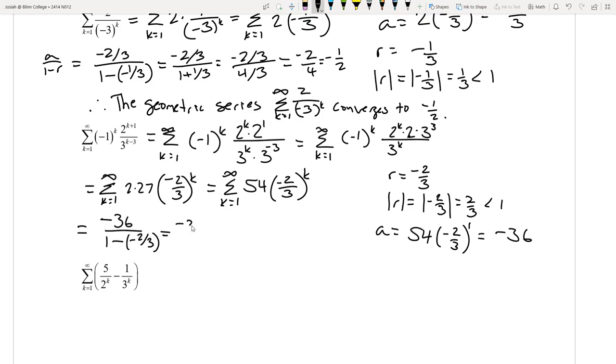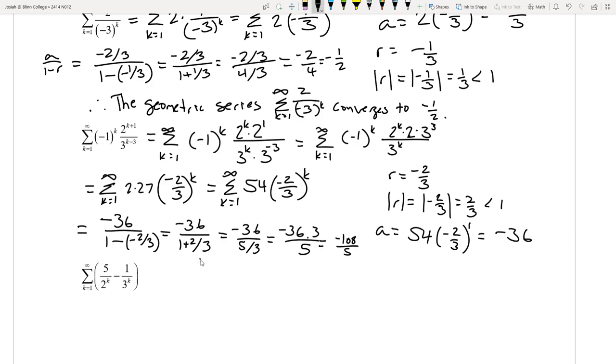That's negative 36 over 1 plus 2/3, which is negative 36 over 5/3. When we flip and multiply, we get negative 36 times 3 over 5. So that's negative 108 over 5.